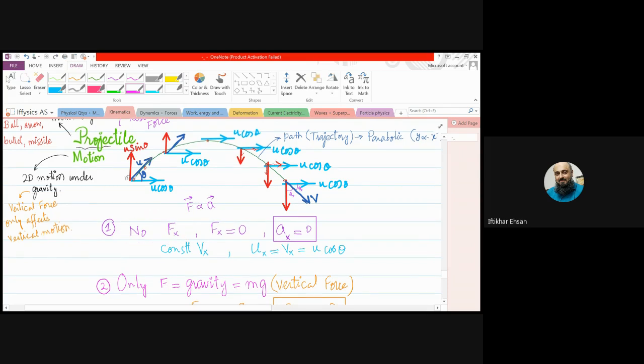Horizontal means the force in the direction of the x-axis is zero, throughout the motion. You will understand better when you see the second point.